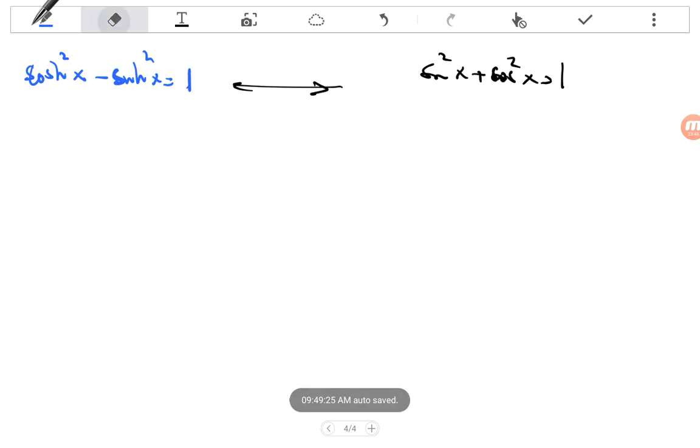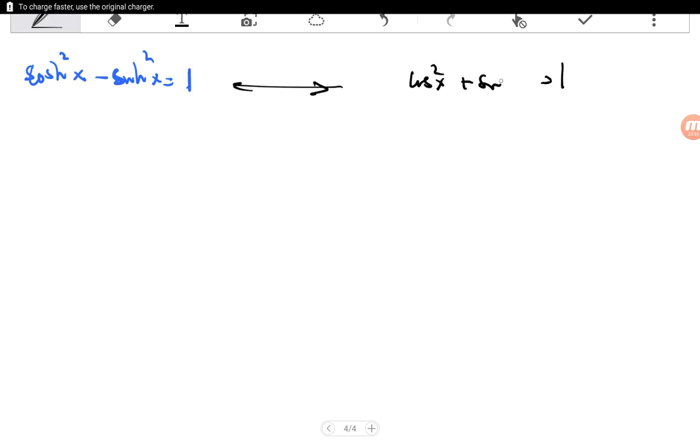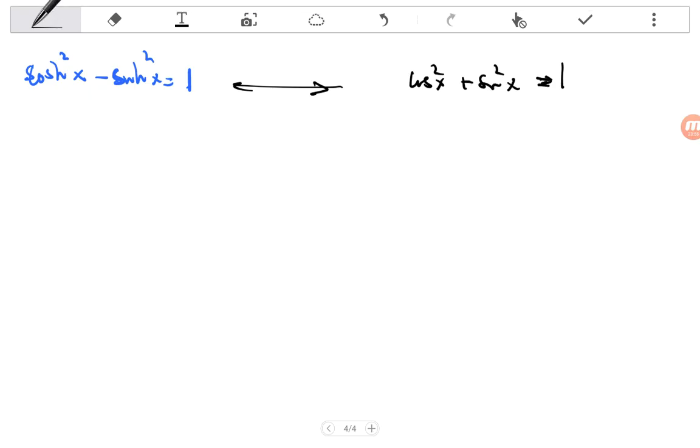Okay, let's write it in the similar way. That is cosine squared x plus sine squared x equal to 1, and that came from the equation of the unit circle, and that equation is just satisfying the equation of the unit hyperbola. Okay?